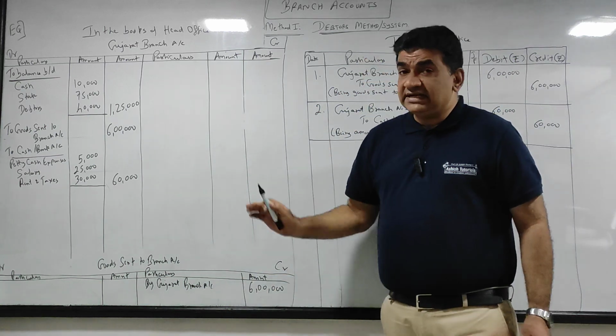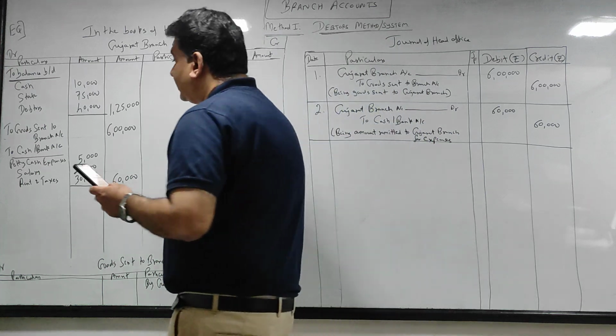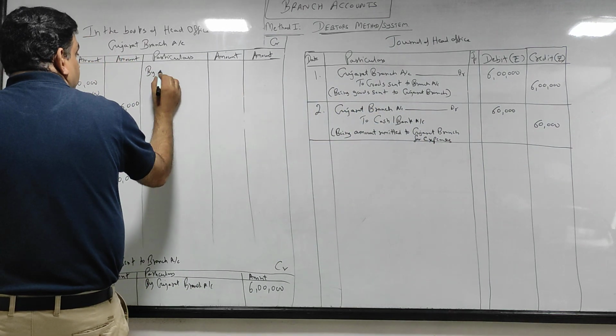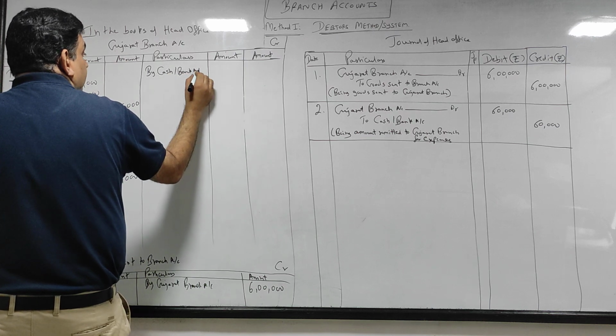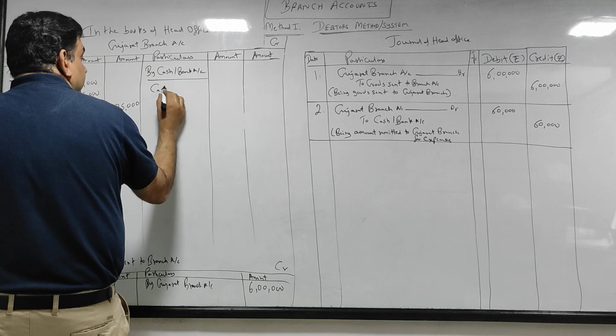So come to the credit side. I'll record this, then understand one very important point. पैसा आ रहा है बराबर. So write here, by cash bank. If your college says only bank, वो लिखो चलेगा. 2 पार्ट में है.